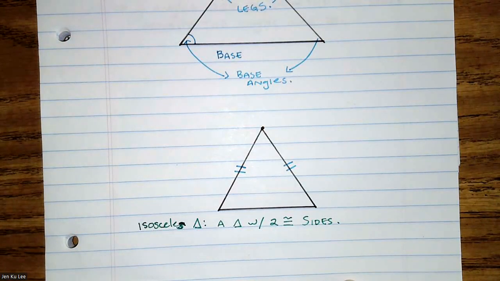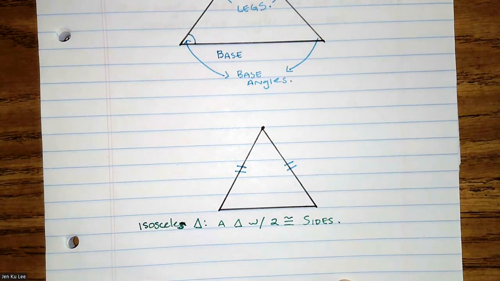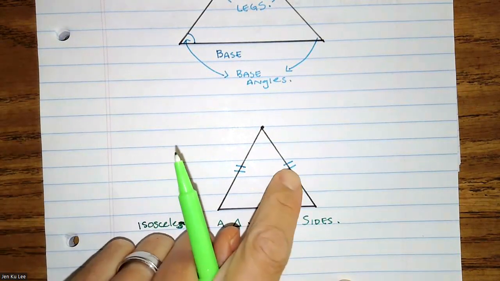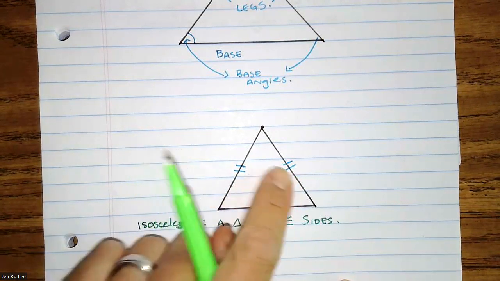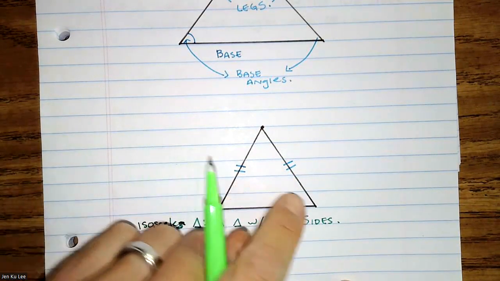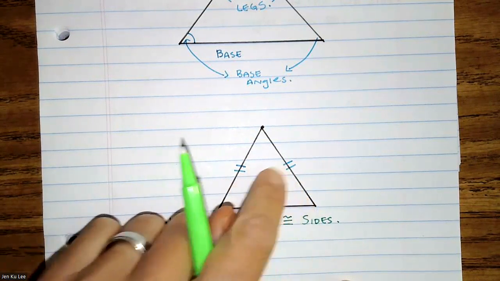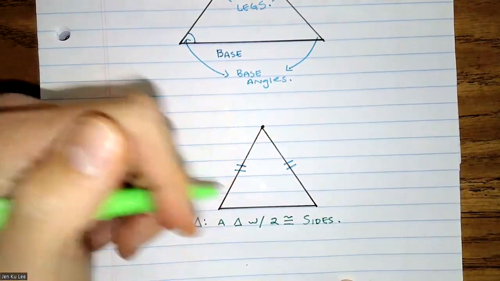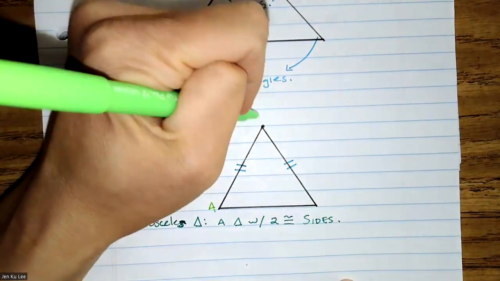Okay, now here's what's cool about it. If an isosceles triangle is a triangle with two congruent sides, the angles opposite those sides are also congruent. So if I'm talking about this triangle, I'm going to label it A, B, and C, just so that we can talk about it.